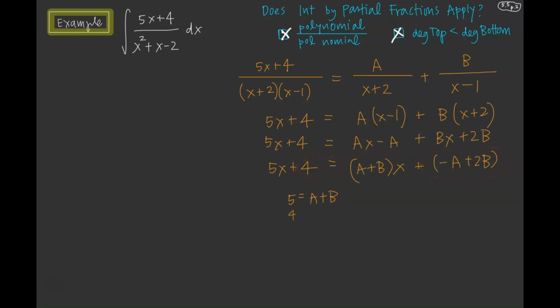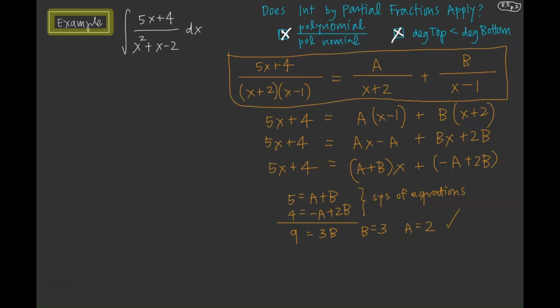So 4 equals negative A plus 2B. At this point, we just have a system of equations. And this one is a pretty easy one to solve. We can just add straight down because that will eliminate the A's, and we have 9 equals 3B. That tells us that B must equal 3, and so A has to equal 2. And we've found our partial fraction decomposition. So we knew that this was true.